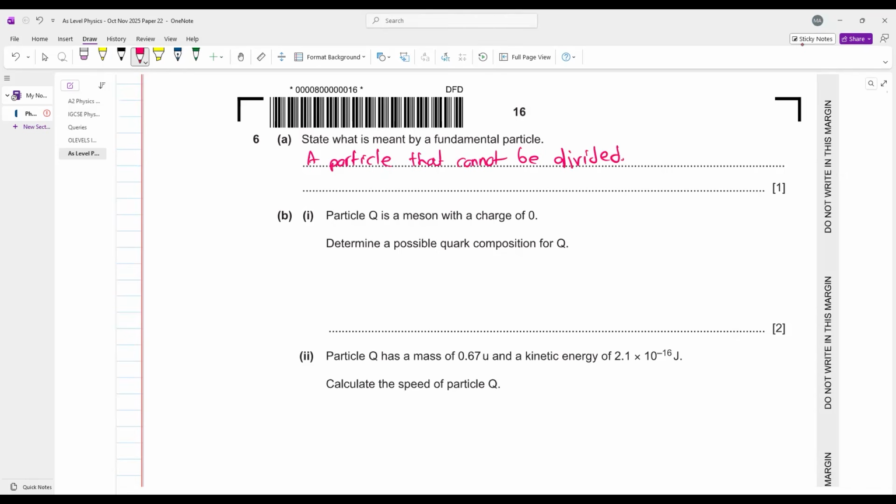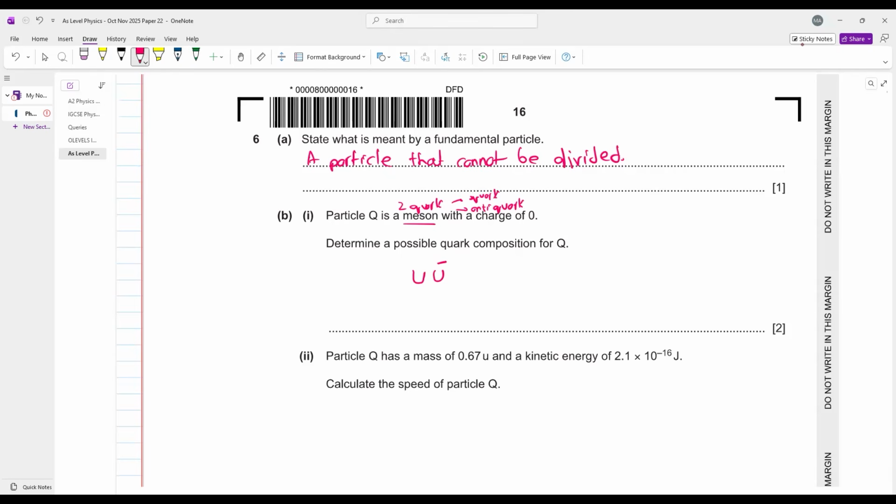Okay. Particle Q is a meson with a charge of 0. Determine a possible quark composition for Q. Always remember, a meson has 2 quarks, and out of that one is a quark and the other is an anti-quark. So you can say we have an up and an anti-up quark.